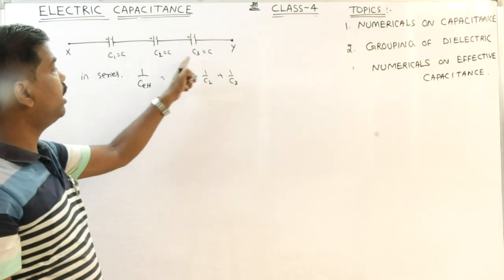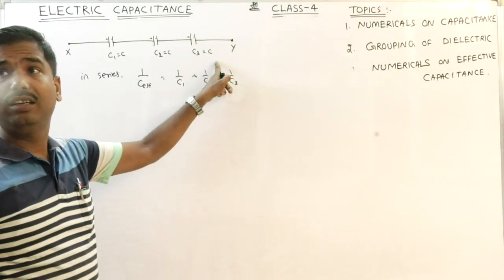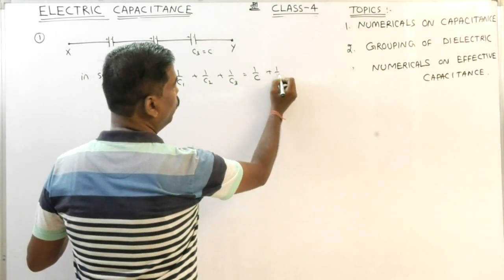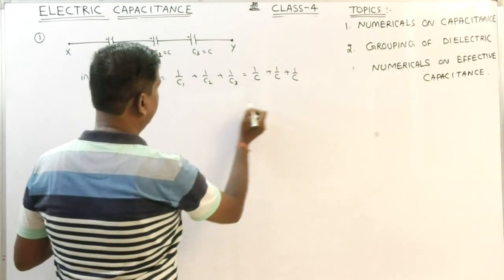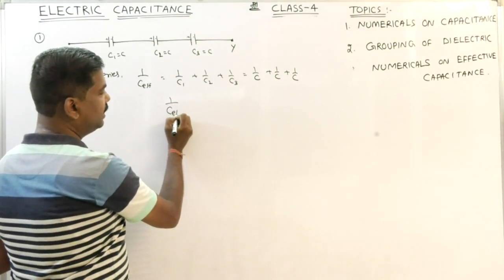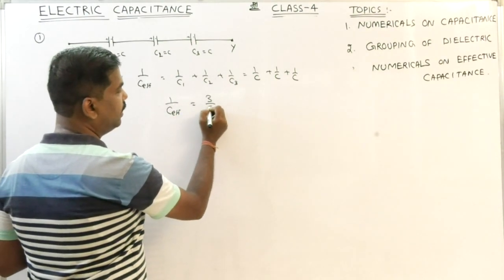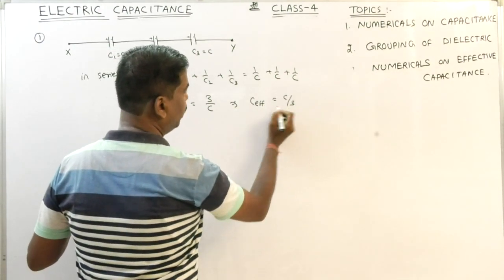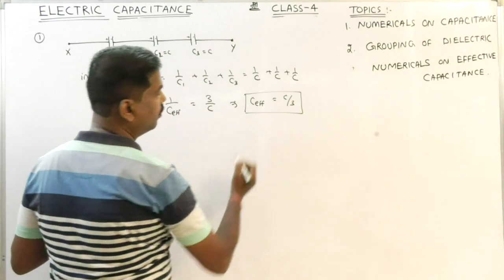But here the 3 capacitors are identical, so I can put 1 by C plus 1 by C plus 1 by C, or 1 by C effective is found to be 3 by C, or I can write the effective capacitance is nothing but C by 3. Clear?